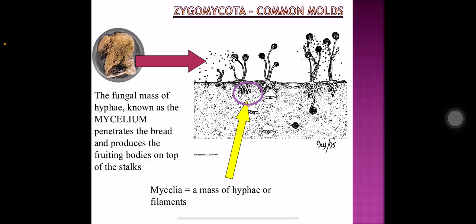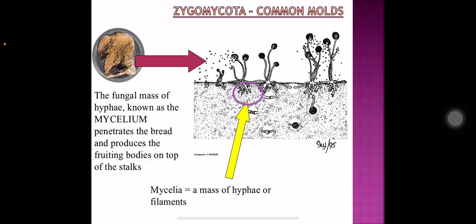And an entangled mass of hyphae is known as mycelium, right? So mycelium can be seen in case of Zygomycota. And the spores are seen in the aerial portion. These spores can spread by airborne route, and they can lead to a very fast spread of the fungus.